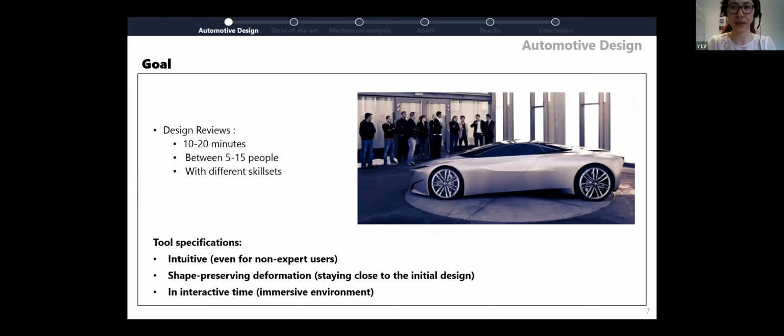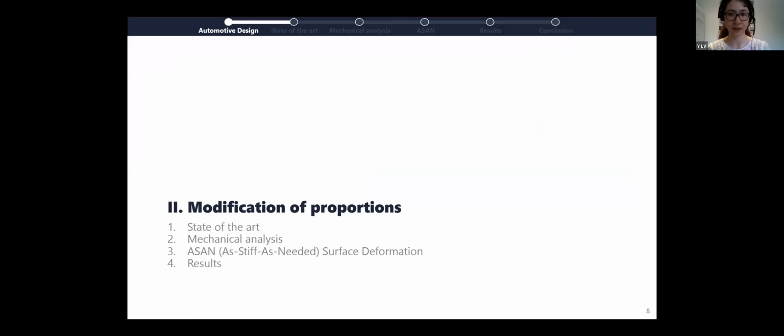And given the design review's constraints, we wanted to offer a tool that was intuitive, offering a shape-preserving deformation in interactive time. So after analyzing existing contributions, we would say that studying things from a mechanical point of view helped us improve the state-of-the-art method to propose our as-stiff-as-needed surface deformation.